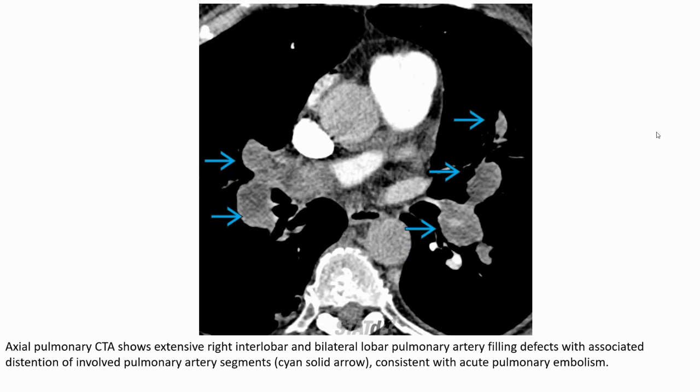Axial pulmonary CTA shows extensive right interlobar and bilateral lobar pulmonary arterial filling defects, which may be associated with extension into the segmental arteries, consistent with acute pulmonary embolism.